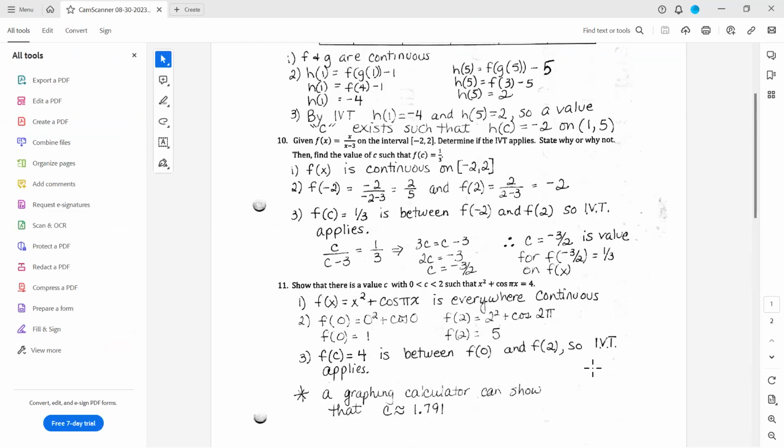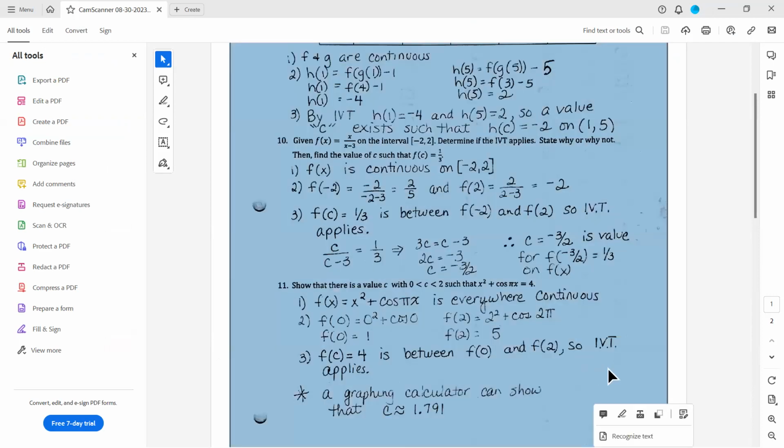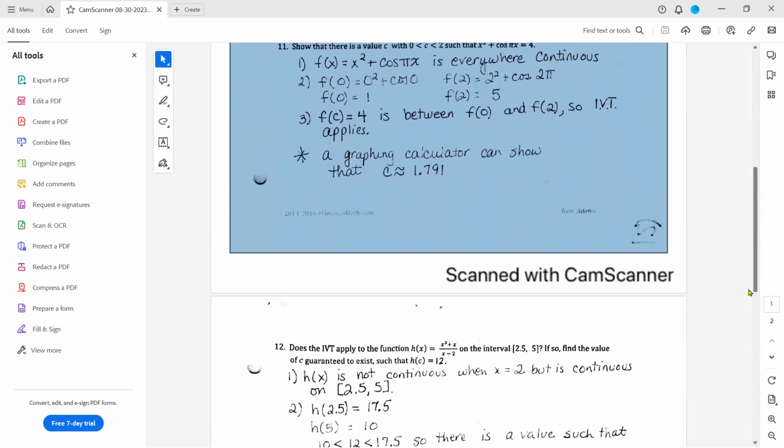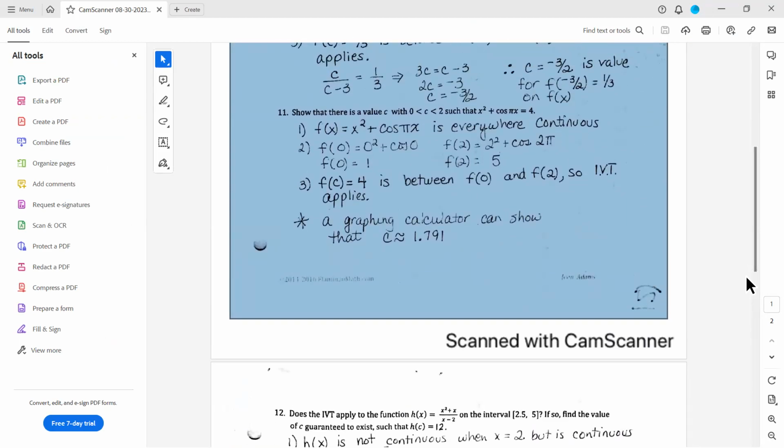Let's go to number 11, okay? So number 11, we're doing the same thing, but we're doing it with a trig graph, okay? Show that there is a value C with C between 0 and 2, okay? Now notice, they don't tell you about the value of C, so she gave it to you a little different here, okay?